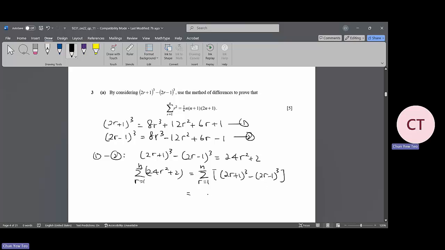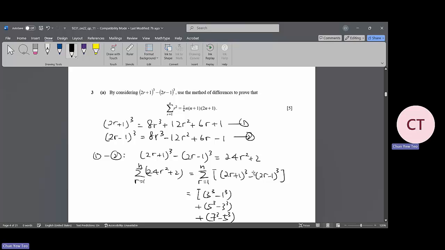So now to use the method of differences, you just need to substitute r equal to 1 inside here and here. You will get 3 cubed minus 1 cubed. Then when r becomes 2, you get 5 cubed minus 3 cubed. And when r becomes 3, you get 7 cubed minus 5 cubed.